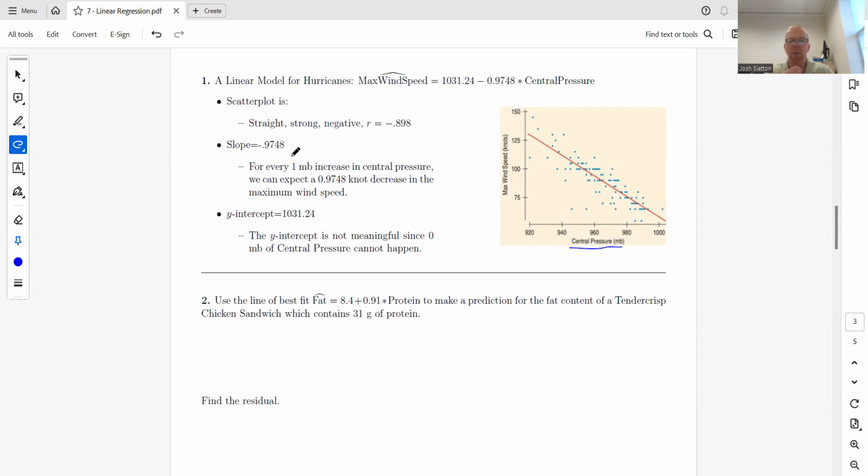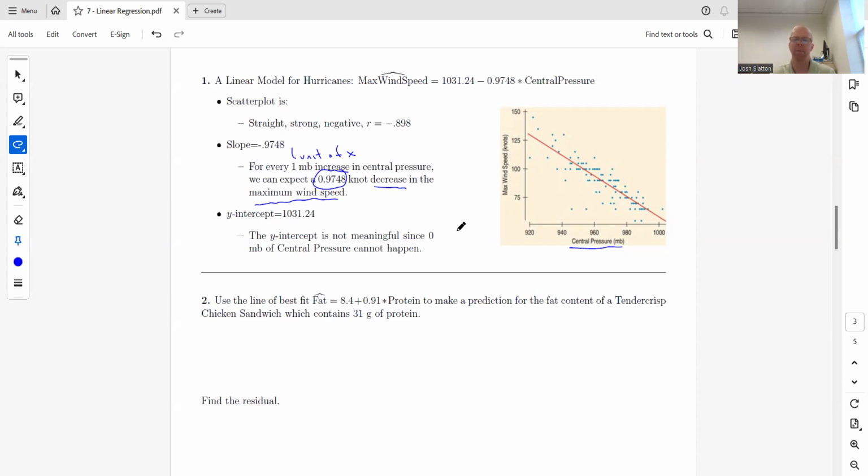One unit increase in X corresponds to the slope increase or decrease. There is our slope, the decrease because it's negative, and then that is our Y. So it follows the same format again. And then the y-intercept is not meaningful since 0 millibars of central pressure cannot happen.